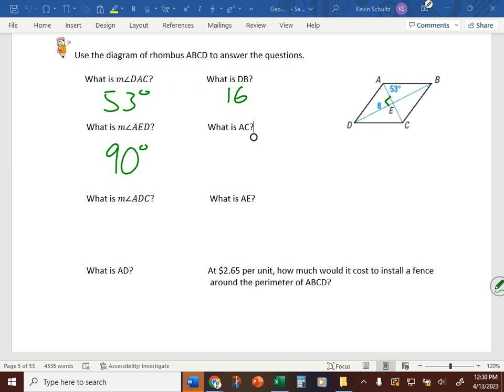Wait, how? I was actually paying attention. I just don't get how AED equals that middle one right there. Because in AED, the middle letter is the vertex of the angle.